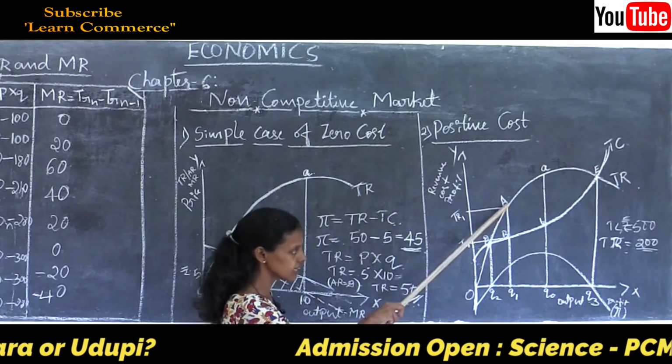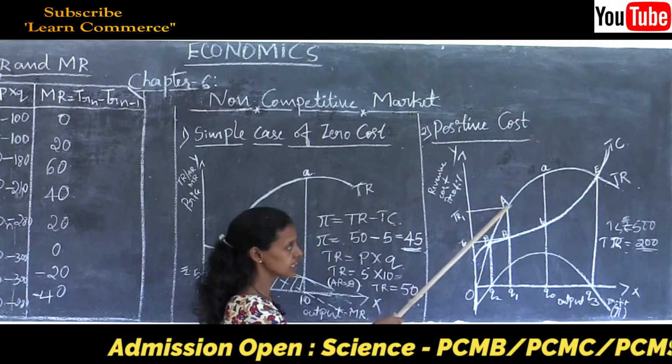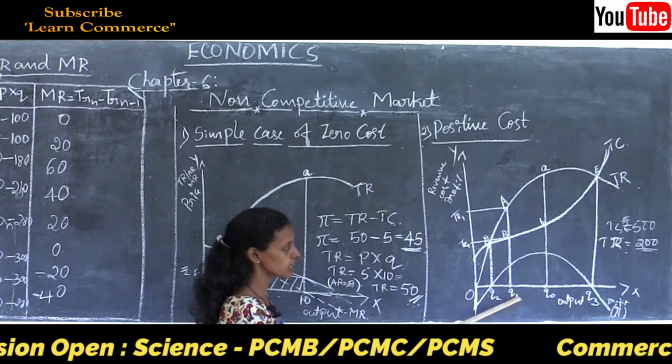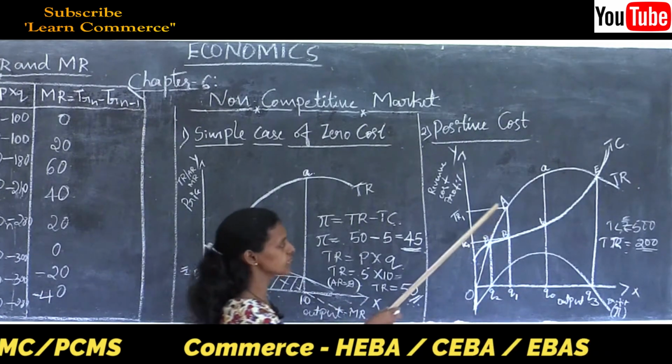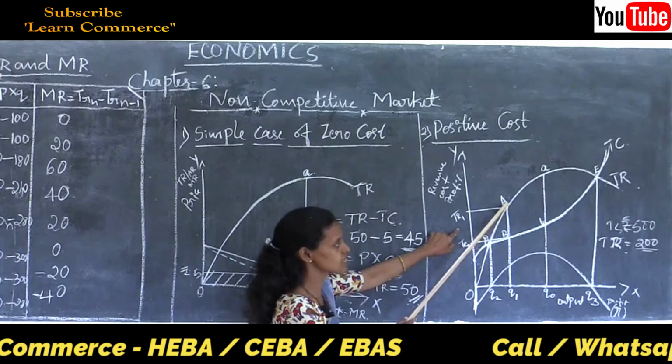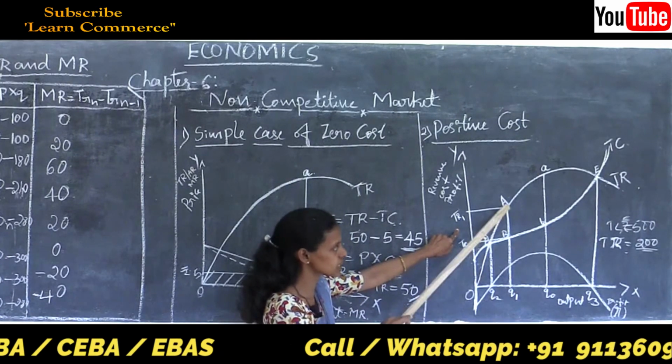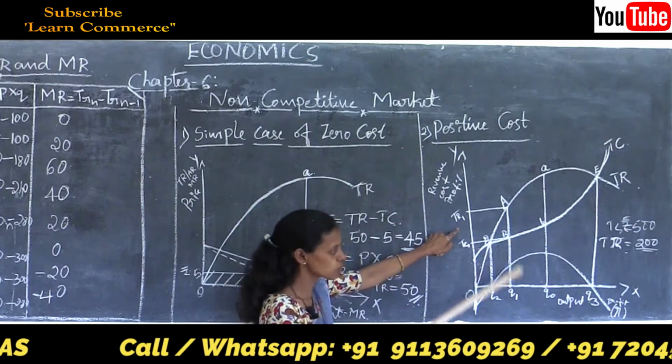At point A, you can see the tangent to total revenue, with the total quantity produced, P into Q. But it is also not at all a profit maximizing output level. A is not at all a profit maximizing output level.